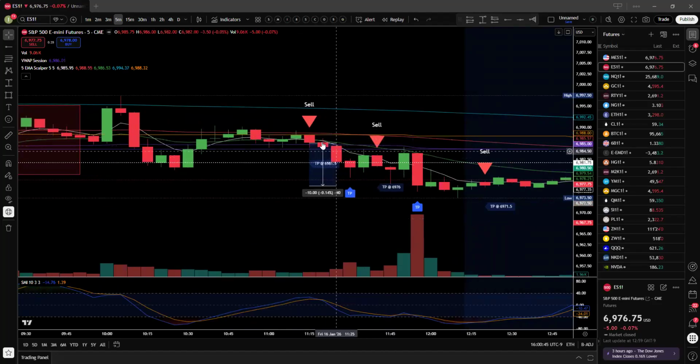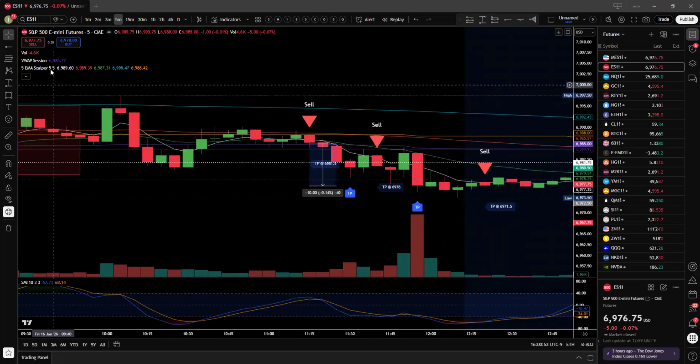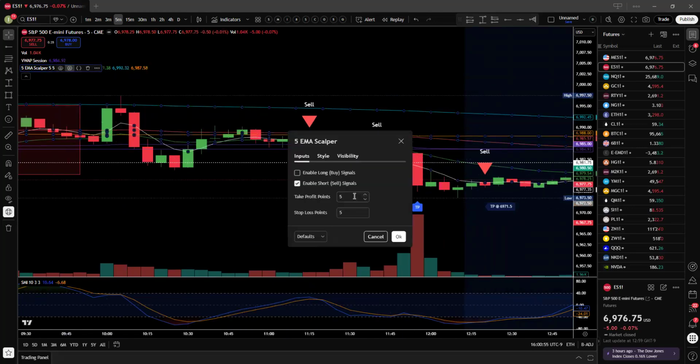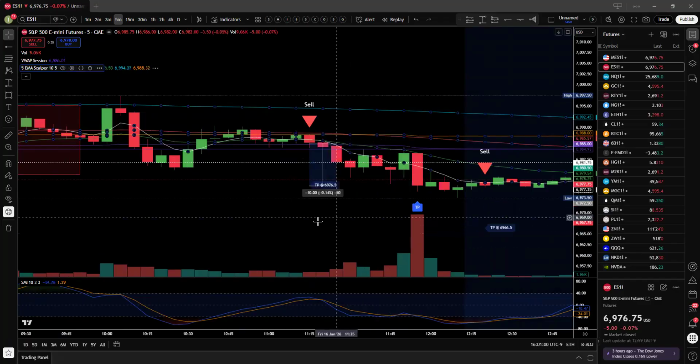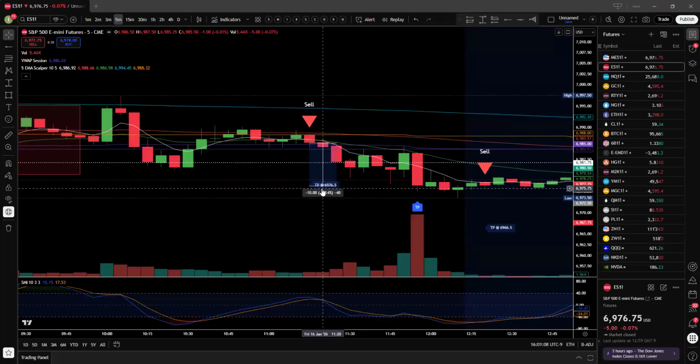So two specific and unique sell signals, two specific and unique take profits. So again, it doesn't matter if you're at a 10-point take profit and just get the one profit, or do you want two separate? So that's going to be a personal decision there.